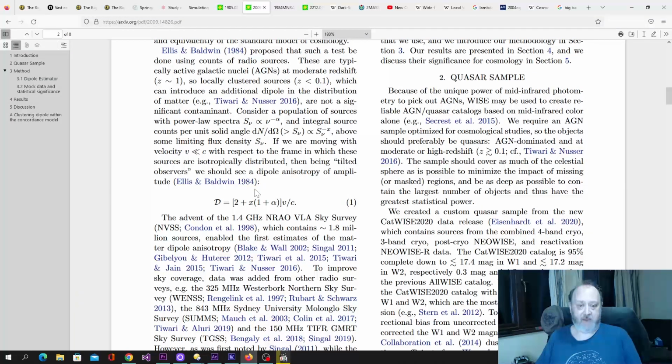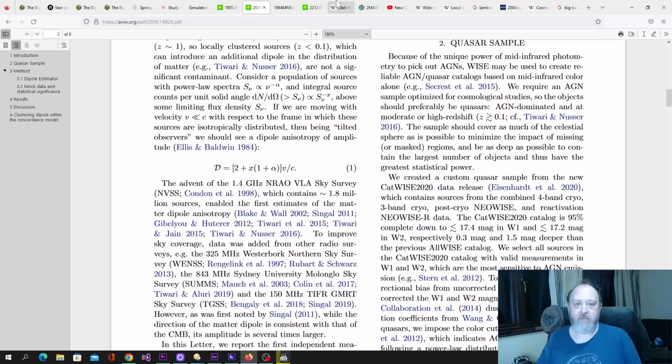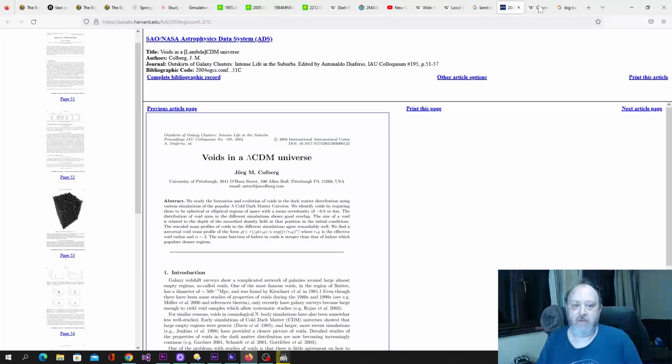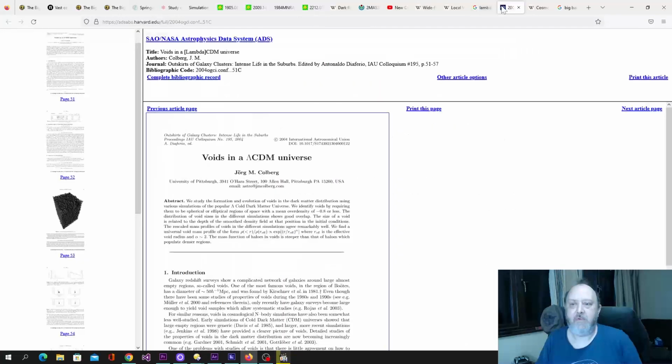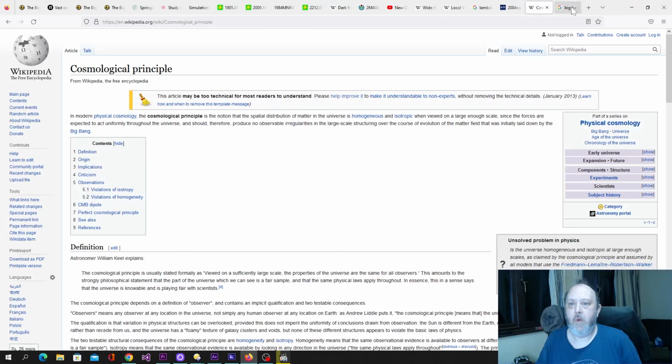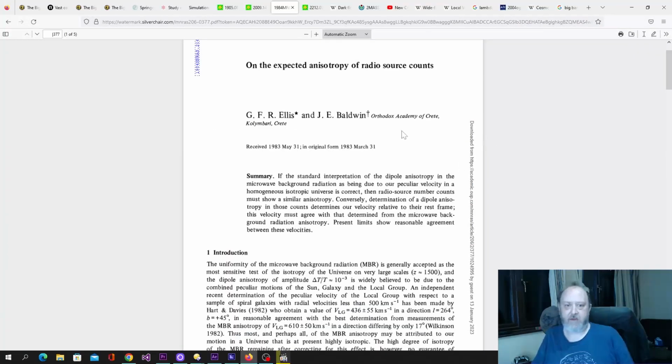So that effectively is what these particular paragraphs are about. It's about the history of this, starting with, where did we have it? Oh, 1984.